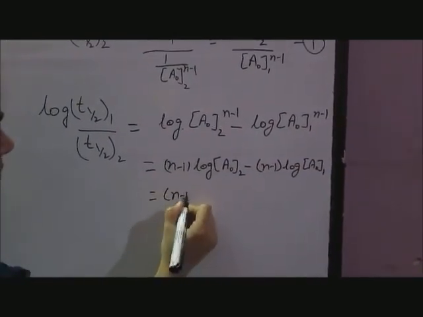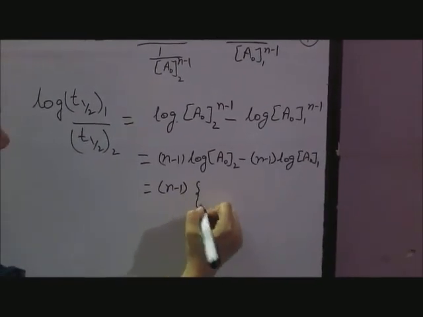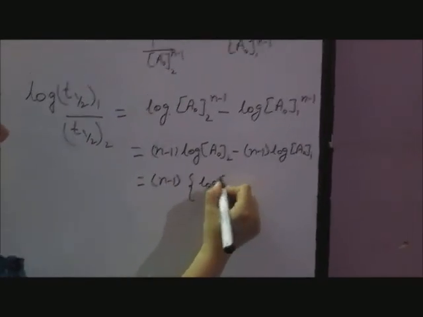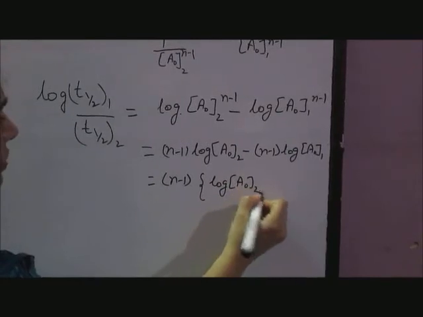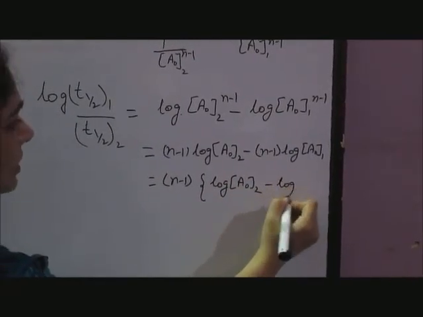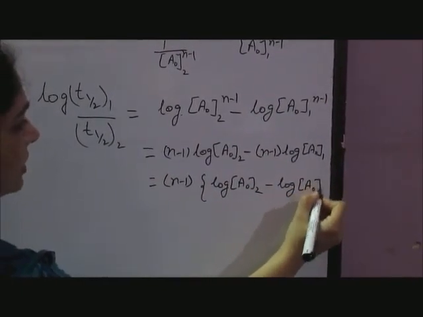By taking n minus 1 common, we get log A naught 2 minus log A naught 1.